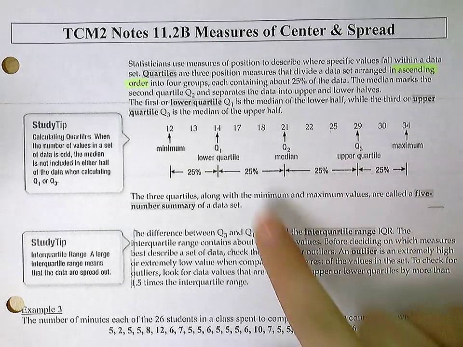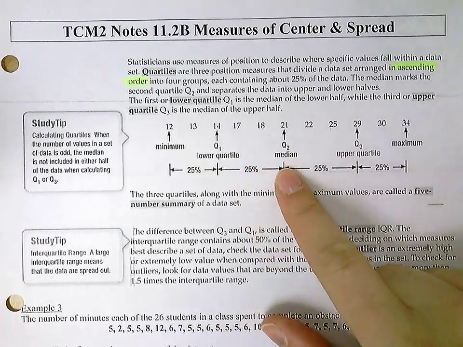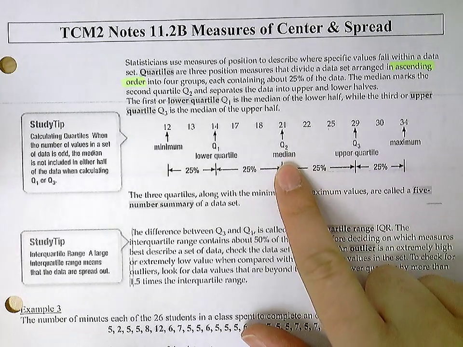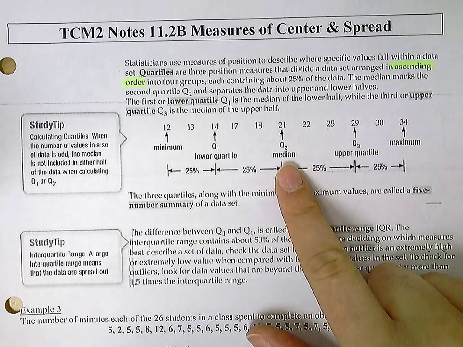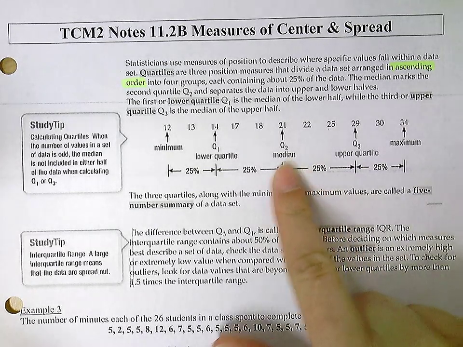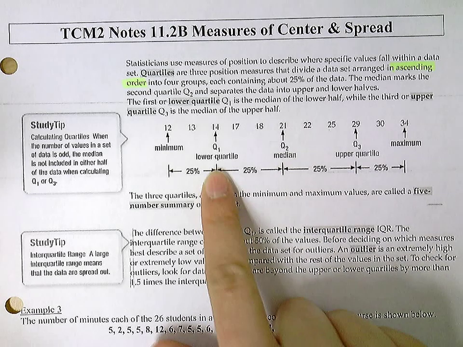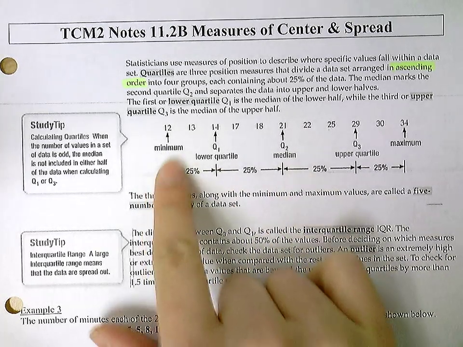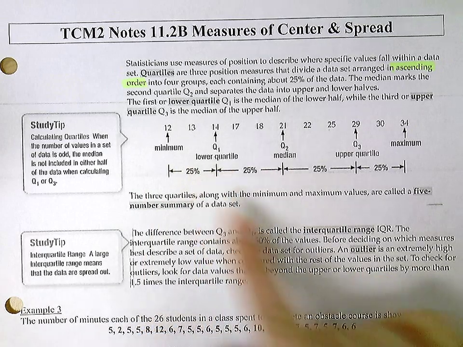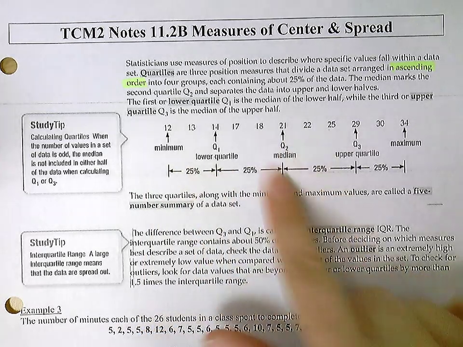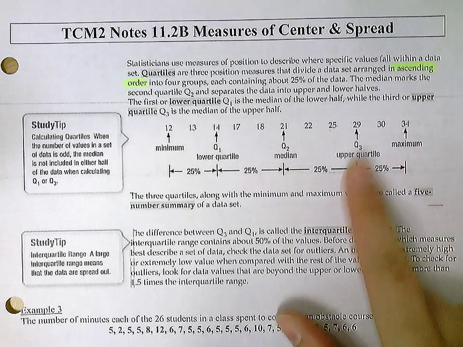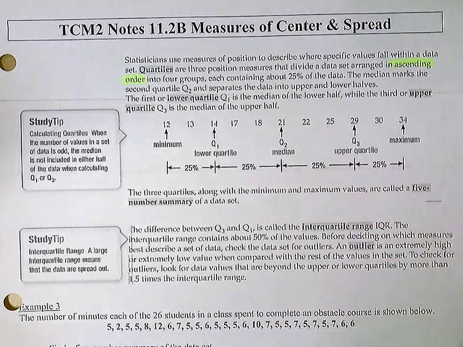Okay? So to find each quartile, you need to first find the median of the entire data set, so the middle term. Then you need to find the median of that lower half, from your least one to your median, to find the lower quartile, and find the median between quartile 2 to the max value to get quartile 3.